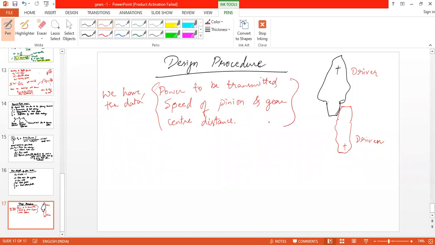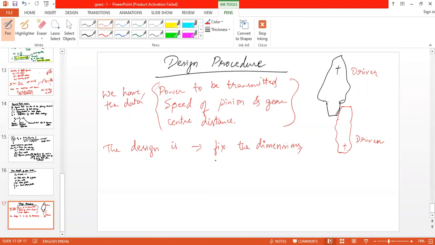Now, the question is, what do you mean by design here? We need to fix the dimensions. That is, we need to find out the dimensions of the gear.